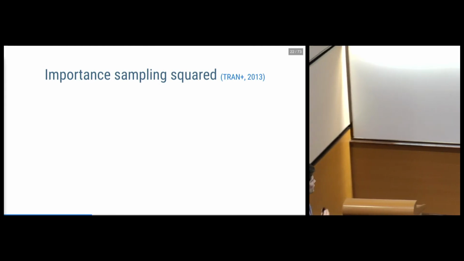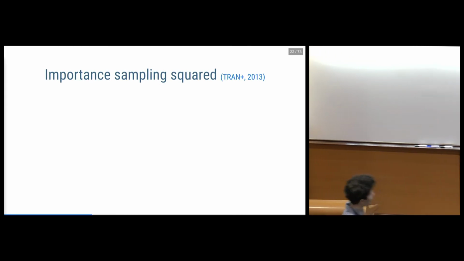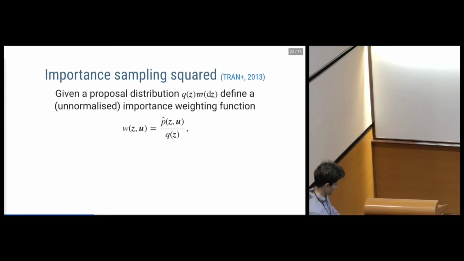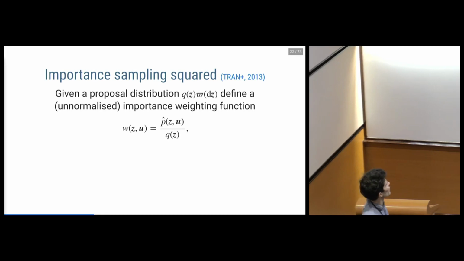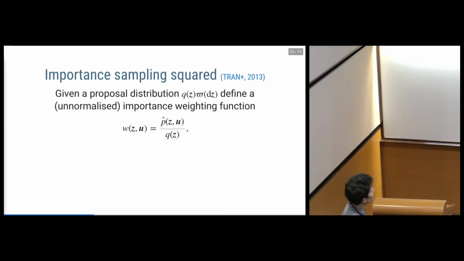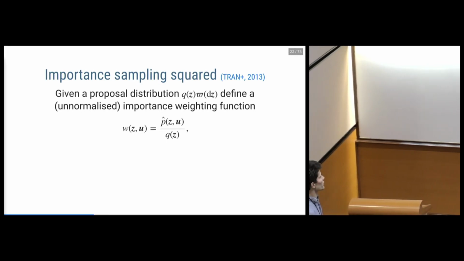So this construction has actually been extended to various different approximate inference methods, and I'm just going to review another two to highlight the similarities. This importance sampling squared method by Tran et al. is a very similar construct which takes that idea of using density estimators in place of exact evaluations and applies it in an importance sampling setting.